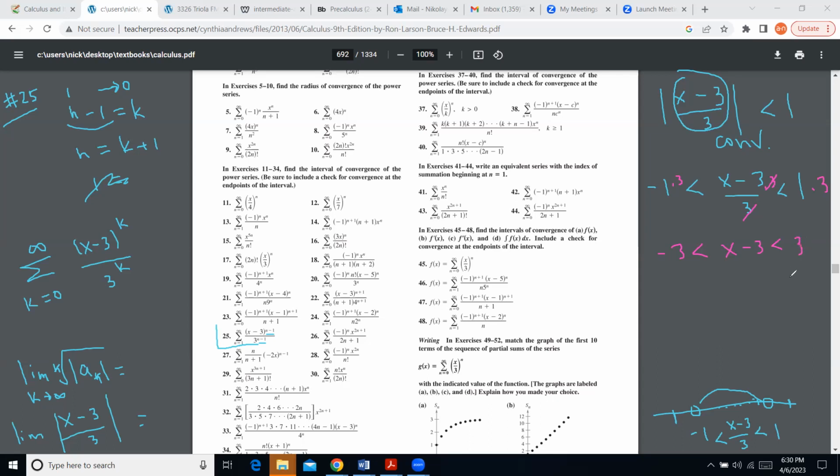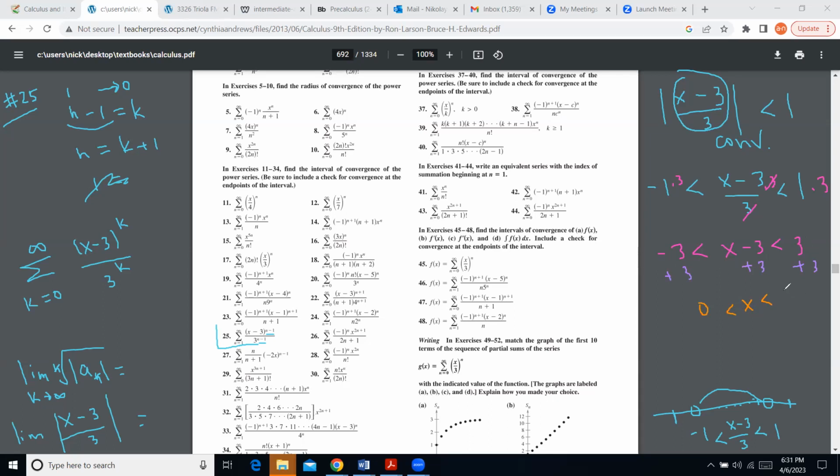And then add in 3 everywhere, so nothing changes. Then we have x, which is in between 0 and 6, right? And again, if you need the radius of convergence, take a half of this so-called diameter and it'll be 3.